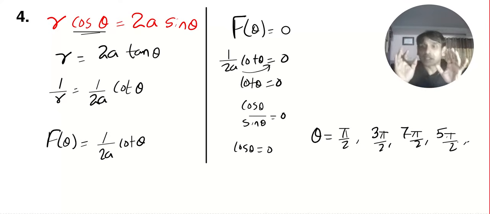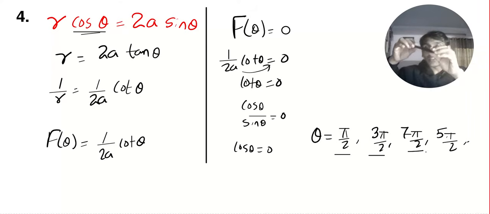But wait a minute. In a practical question, we will not consider all the values. We will consider only the values which will be between 0 and 360. That means we will consider only the values in one rotation of the circle.